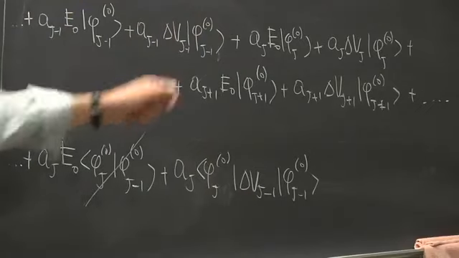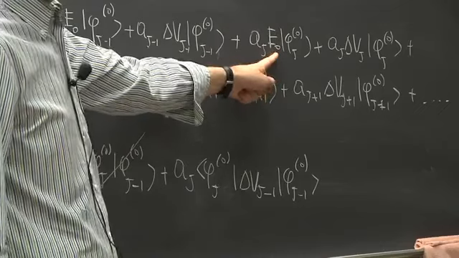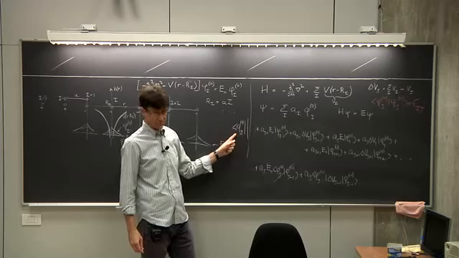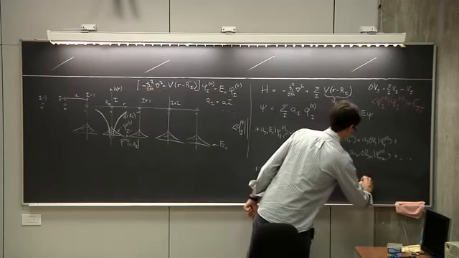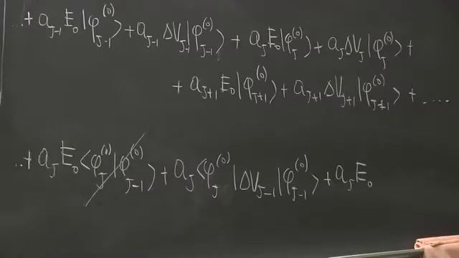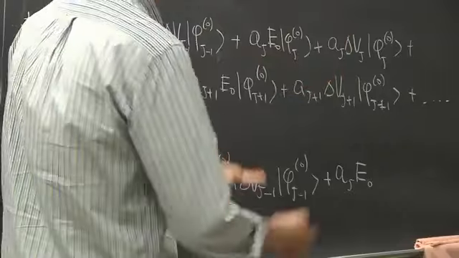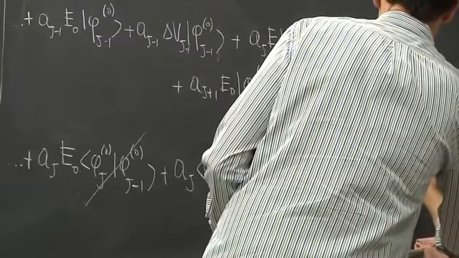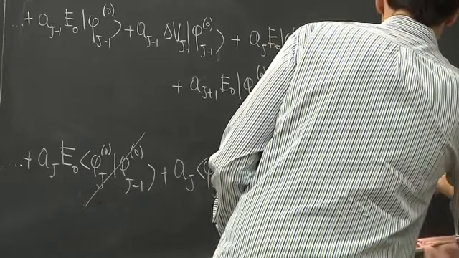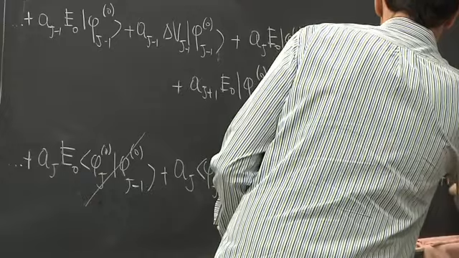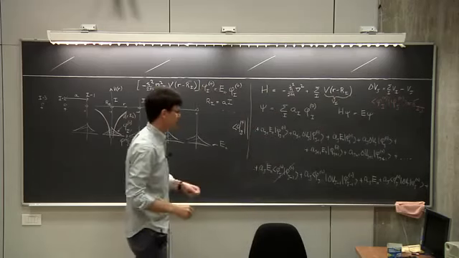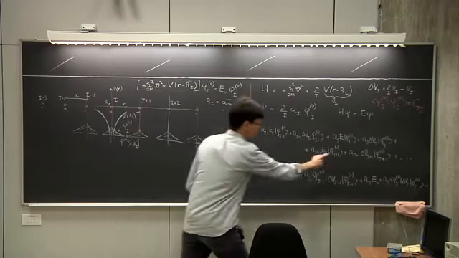So these are the first two terms. Third term, what's going to happen if I project it on phi j? 1, right? So this is just aj E naught. Fourth term, well, here I have to write it explicitly. aj phi j delta Vj phi j naught. Plus, the first four terms are done. Let me continue with the last two terms.